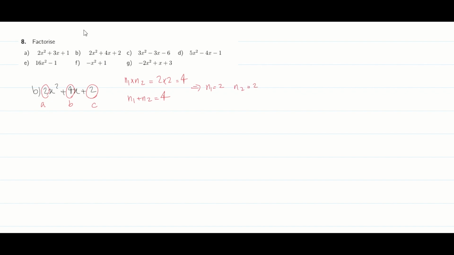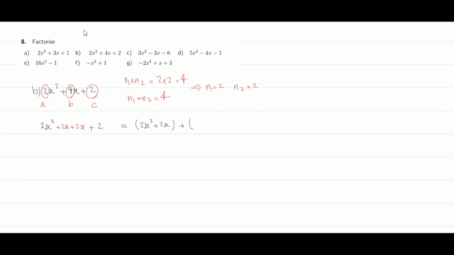Now we're going to split the second term of the quadratic expression into two terms using the two numbers that we got. So we can rewrite the expression as 2x squared. Now instead of 4x, I'm going to write it as 2x plus 2x. And we're going to write the last term, which was 2. Now we're going to group the first two terms together, which would be 2x squared plus 2x.